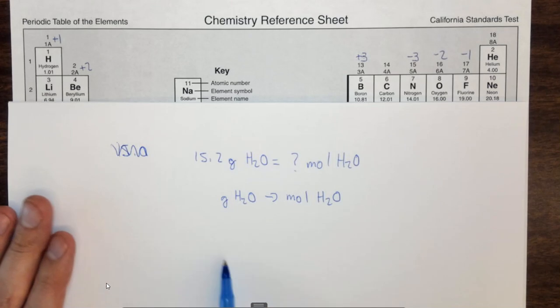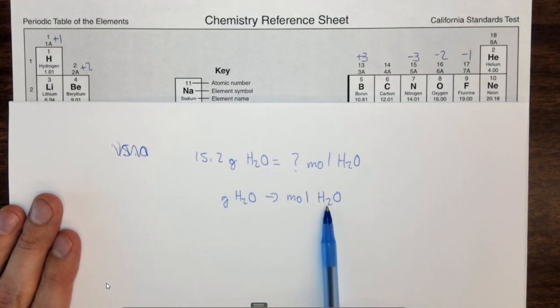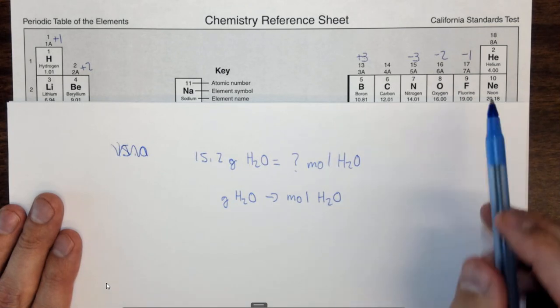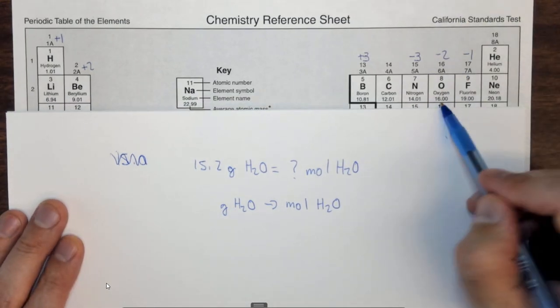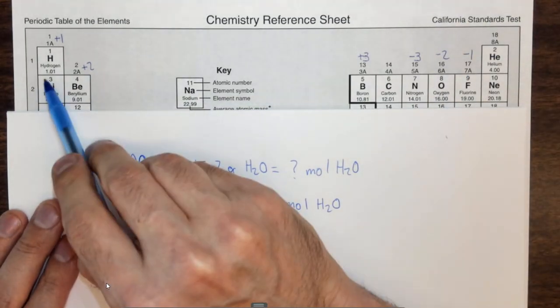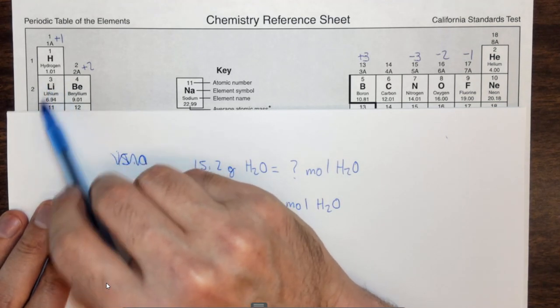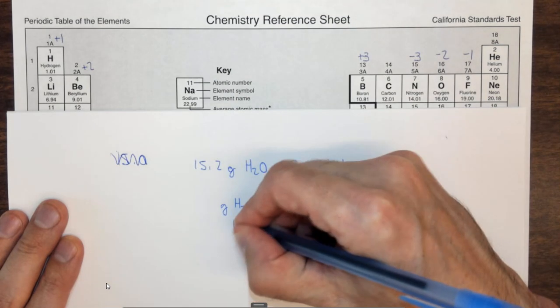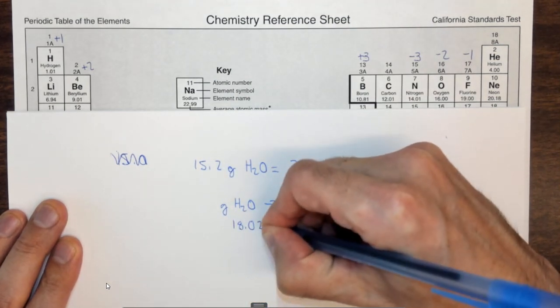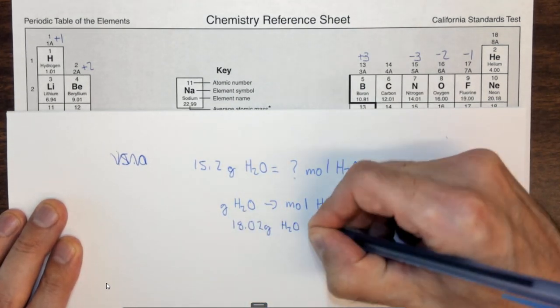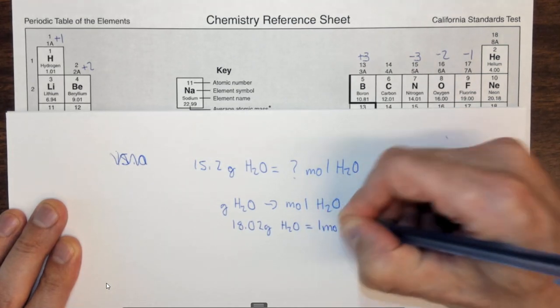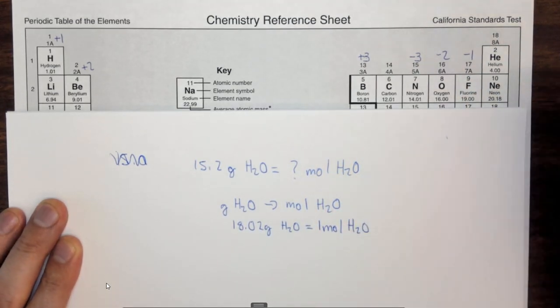And in order to convert from grams of water to moles of water, we need an equality. And we get that equality from the periodic table. In fact, we just did it. We took the oxygen, 16.00, and we added that to 2 times the hydrogen, 2 times 1.01 or 2.02, and we find that 18.02 grams of water equals 1 mole of water.